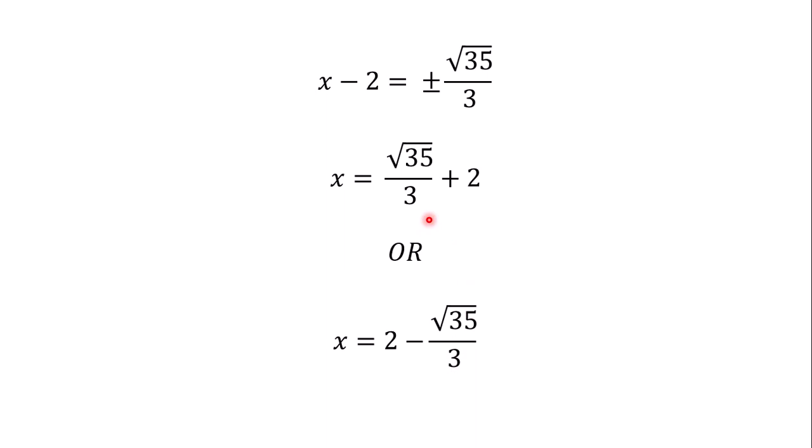But what the question is requiring us, or expecting us to do, is to find the value of what? 9x squared plus 1 over 9x squared. So when you don't find the value of that expression, you haven't done anything.